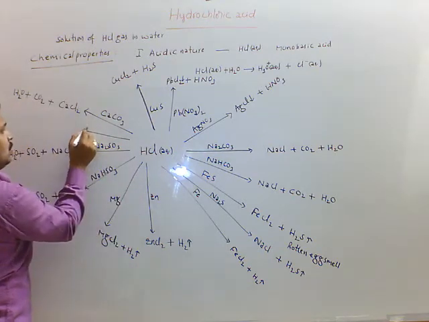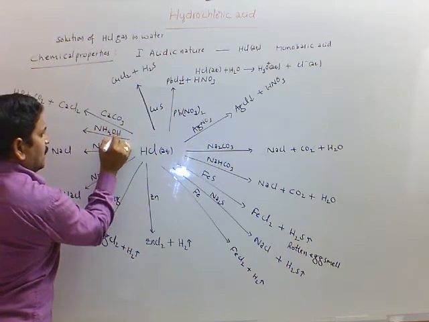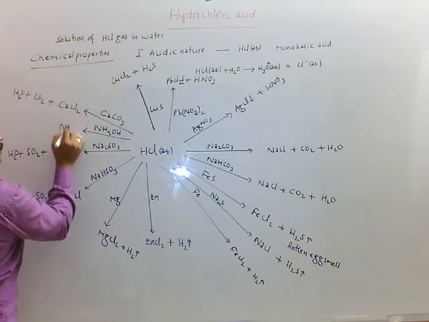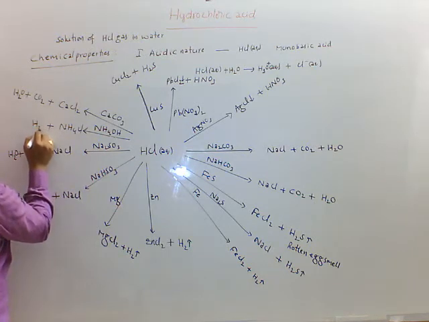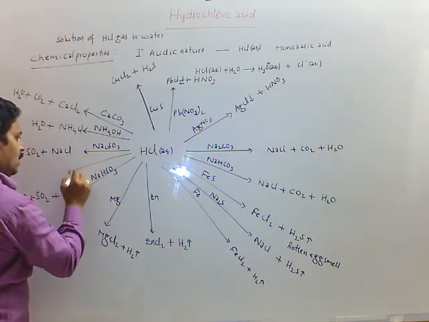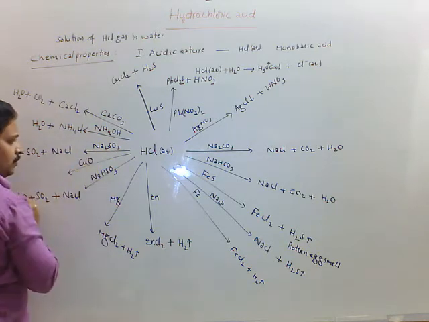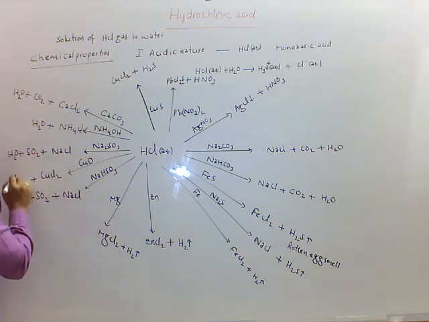Reaction with bases, that is ammonium hydroxide, we get ammonium chloride and water. Reaction with metal oxides CuO, we get CuCl2 plus H2O.